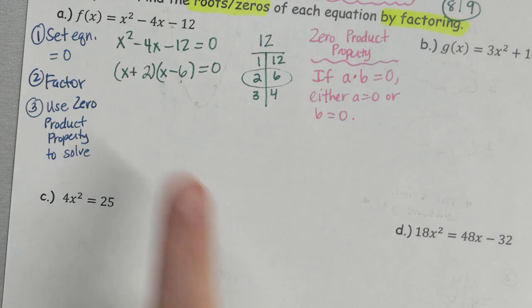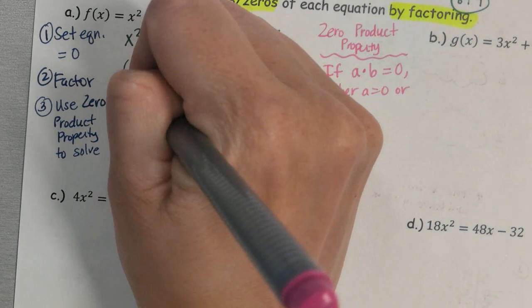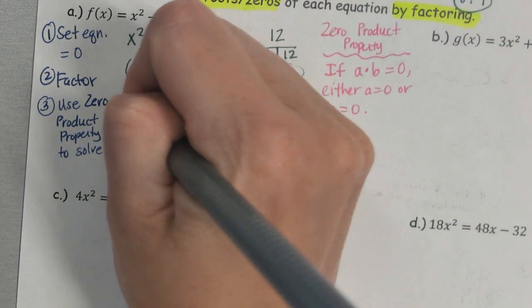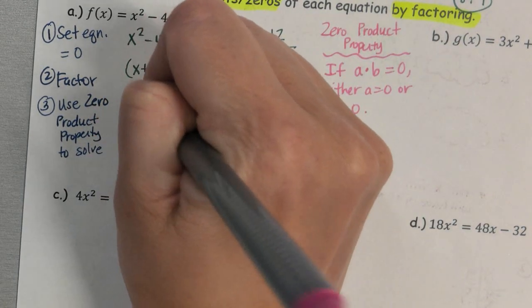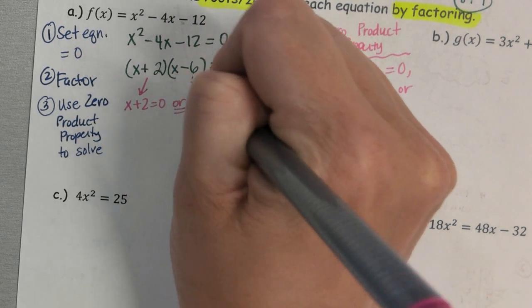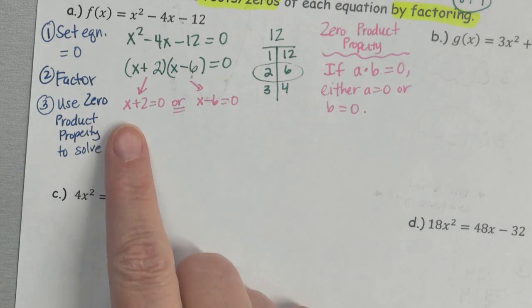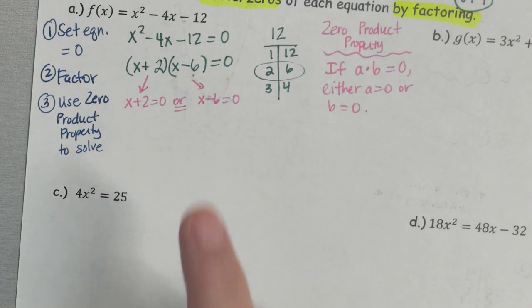So to solve this, what we do is we set each one of these factors equal to 0. So we know that x plus 2 has to be 0, or x minus 6 has to be 0. Again, we do not know which one because both of these are going to satisfy the conditions. So if x plus 2 equals 0, we're just going to solve that for x.